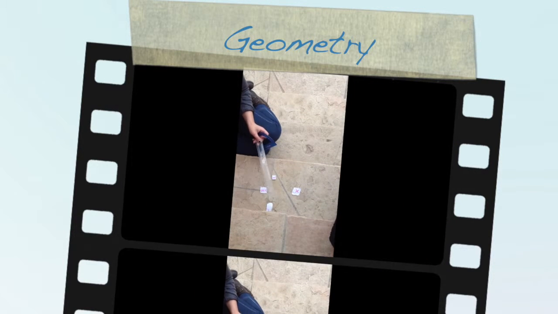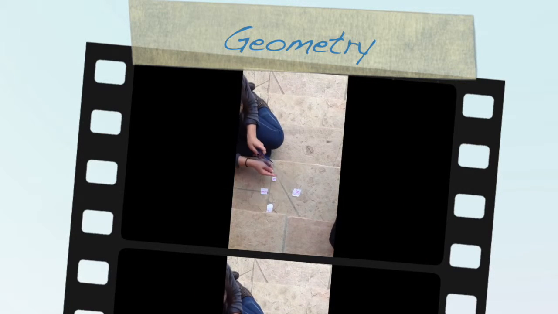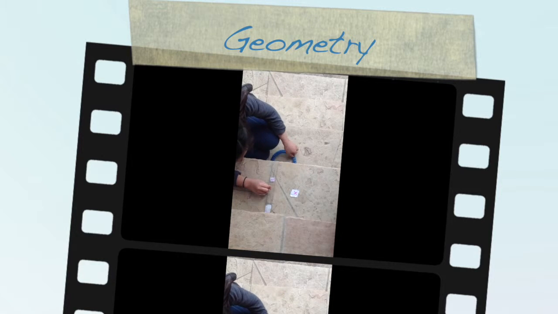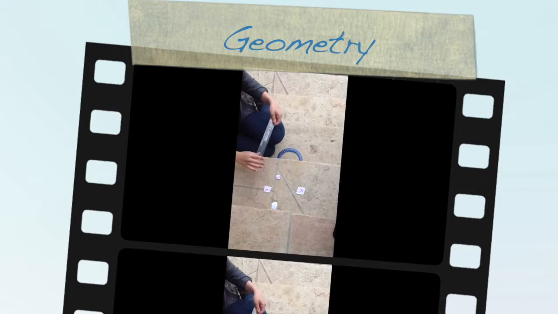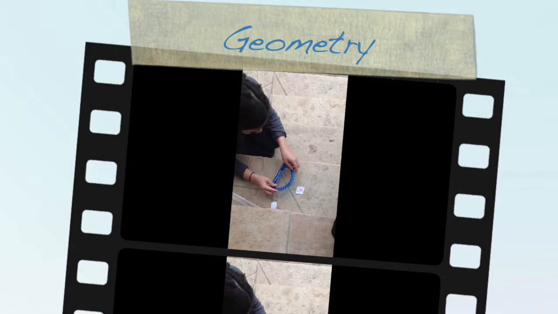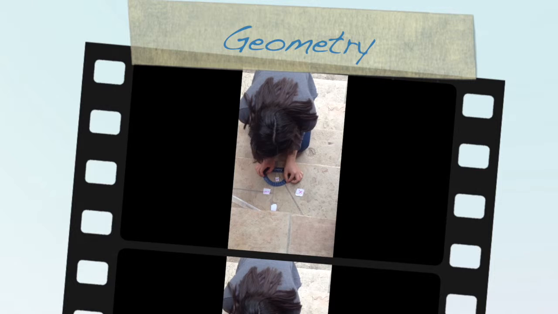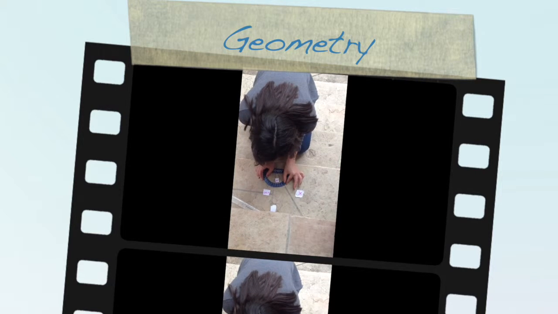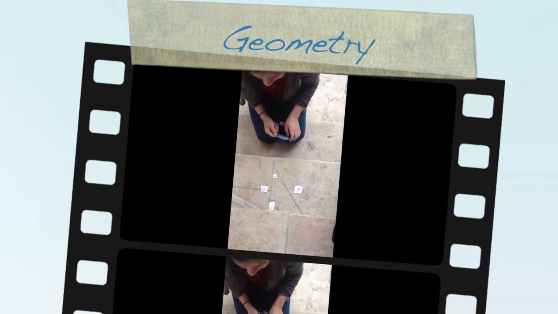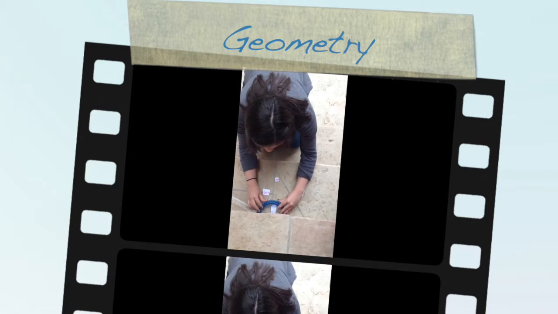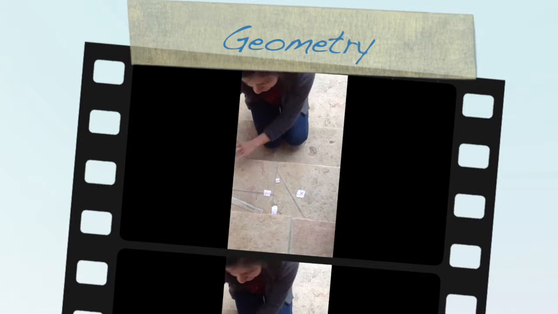We're also using cosine to find out the hypotenuse. In centimeters, the length of this side is 25.5 centimeters, and the angle of this side measures 35 degrees, and this angle measures 90 degrees, which makes it a right triangle.